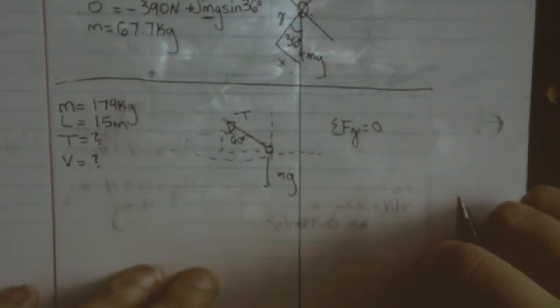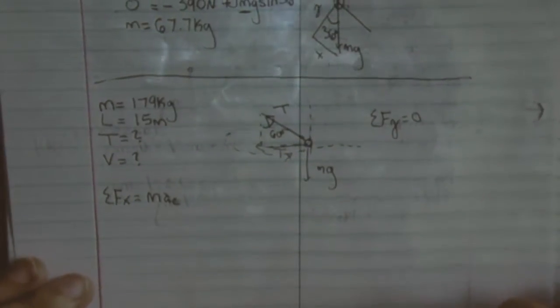However, the sum of the forces in his x direction are not, because there's something that's keeping him in that circle. And the only thing that's acting directly in that circle will be the x component of tension. So the x component of tension has to be our centripetal force.